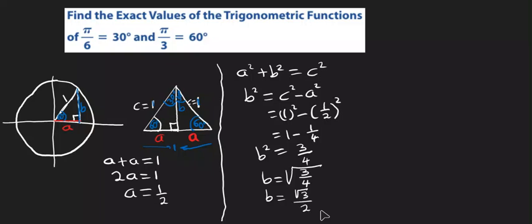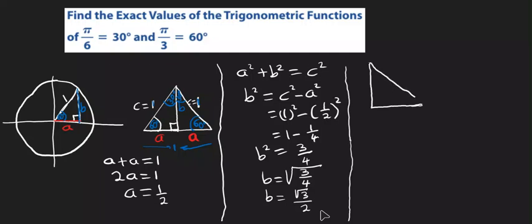So now we know that b is square root of 3 over 2.